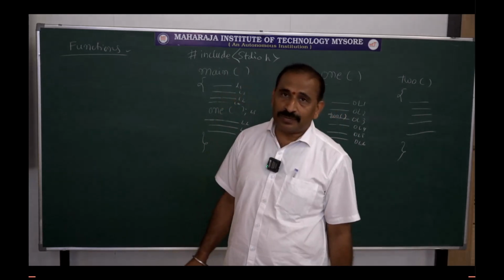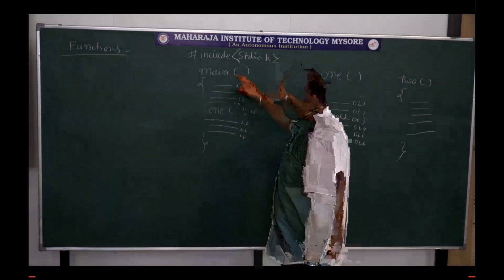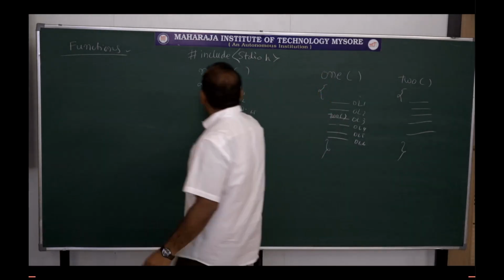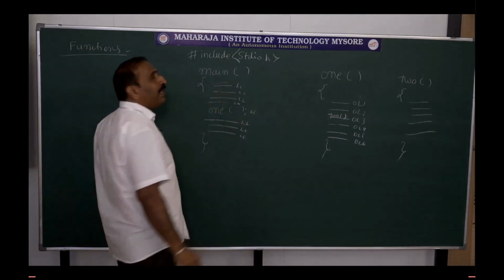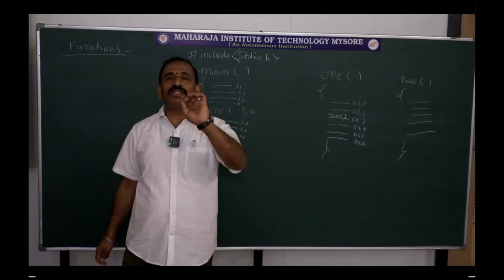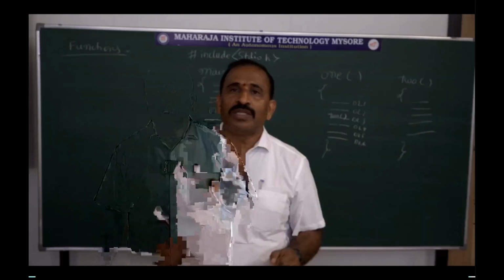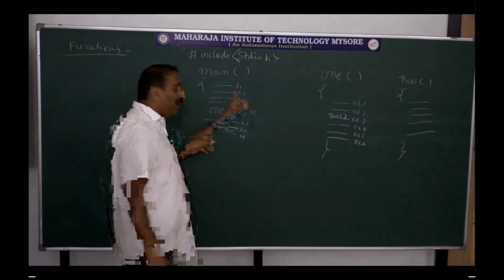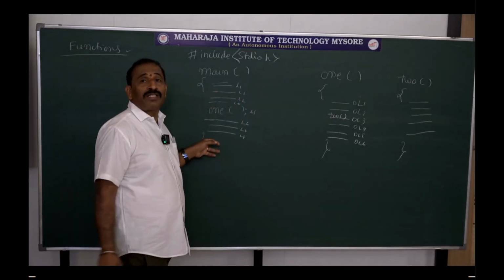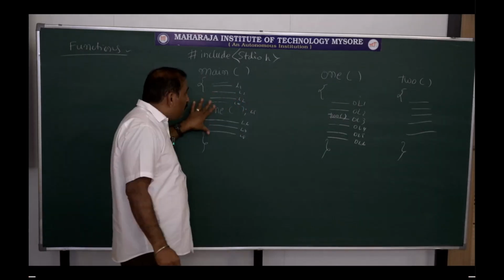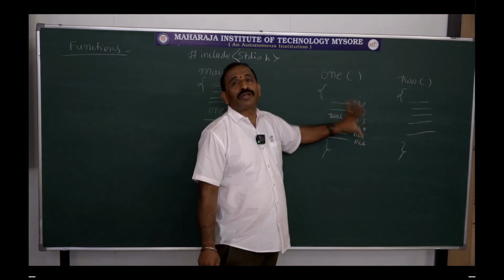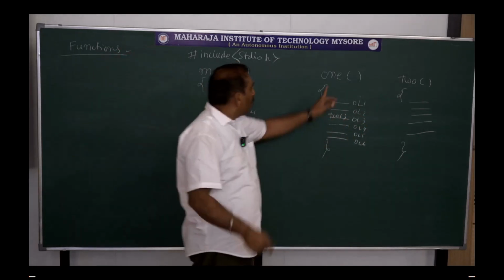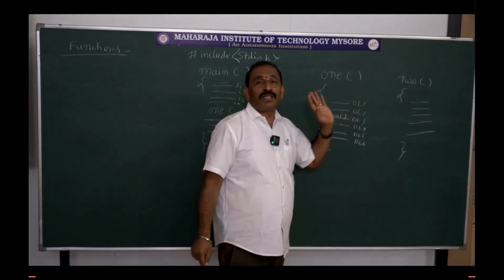When I am calling main as a function, you know that here I have declared some variables in the beginning itself. All variables are to be declared in the beginning, that you know in the C program. Here, when you declare variables, these variables are not valid here. They are different. You can have different variables.